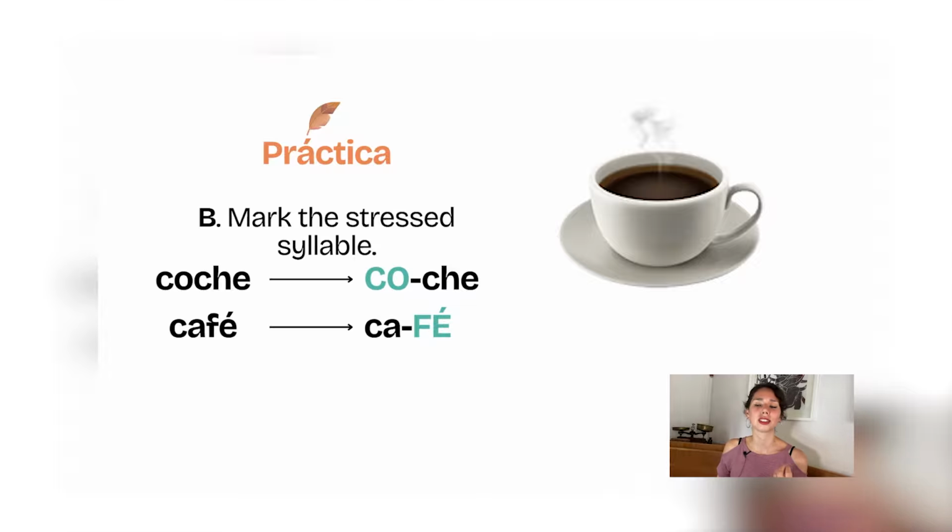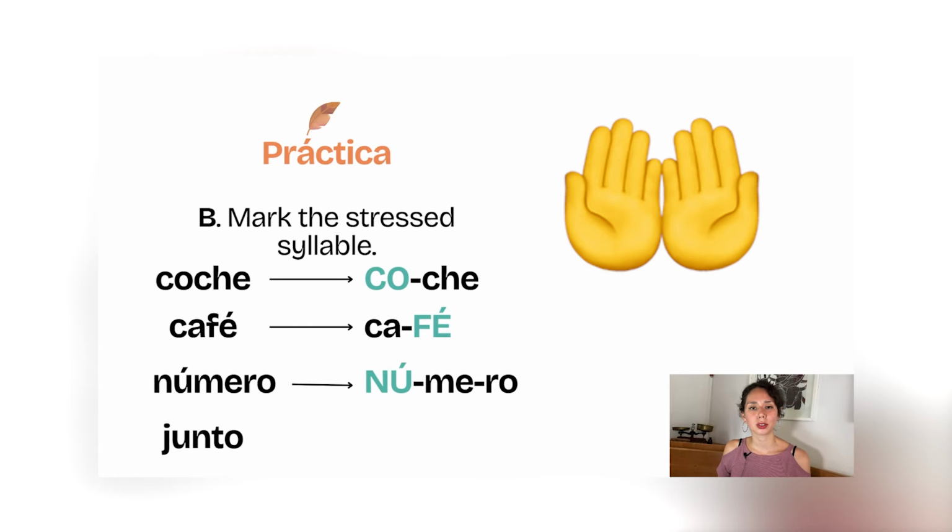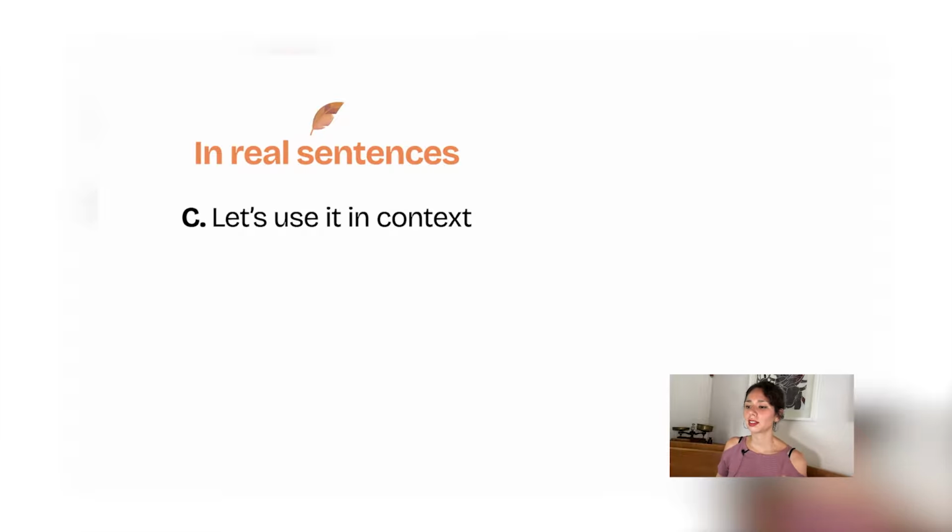You know it's stressed because it has the accent mark. Número. Okay, as in café, you have the accent mark, so it's stressed in número. And the last one, junto. Junto. Very nice.